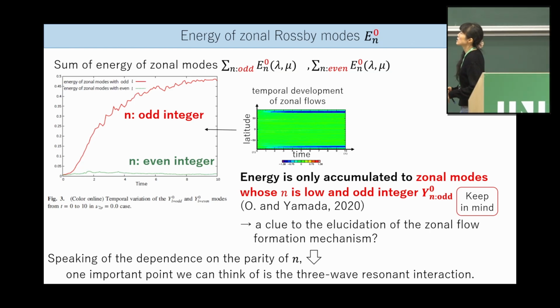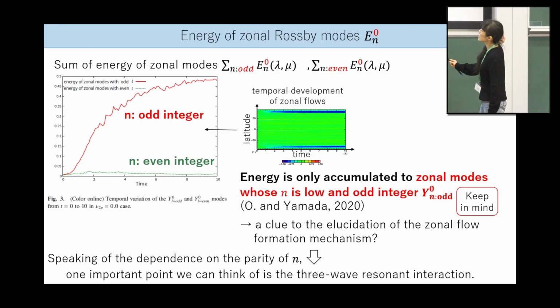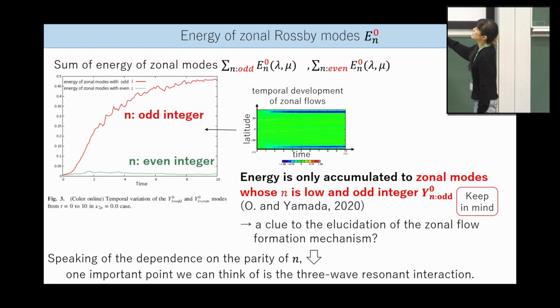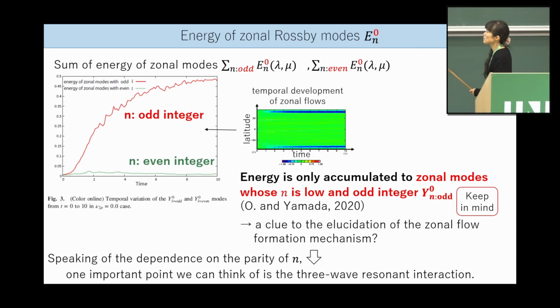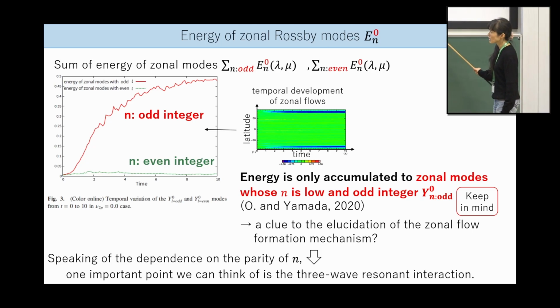So the energy is accumulated to zonal Rossby modes whose n is low and an odd integer to realize this flow structure. And we believe that this can be a clue to clarify the zonal flow formation mechanism.